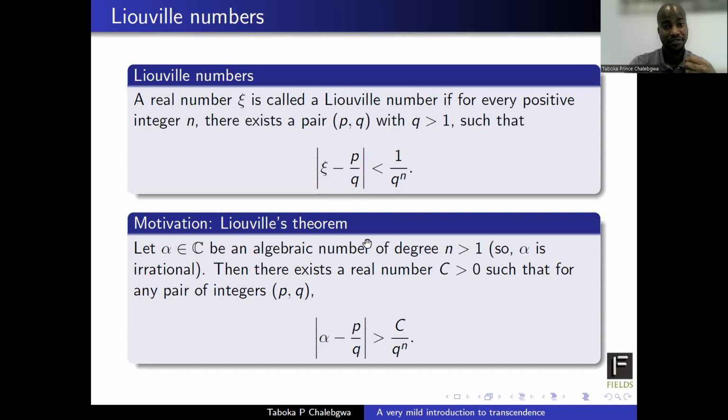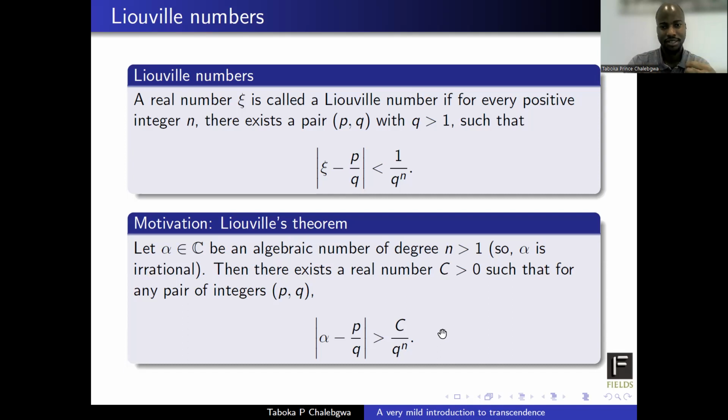So anyway, Liouville tells us that if you have an irrational algebraic number, then you can always approximate it to within a certain distance by rational numbers, but you cannot get any closer than that distance. So basically, he quantifies the accuracy or the error within which we can approximate an irrational algebraic number by a rational number.